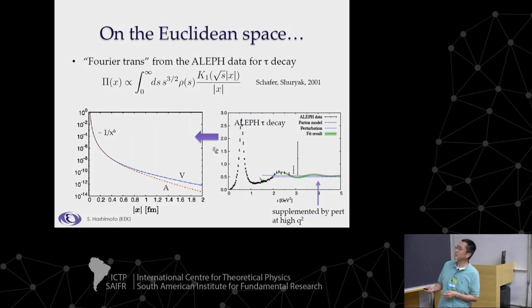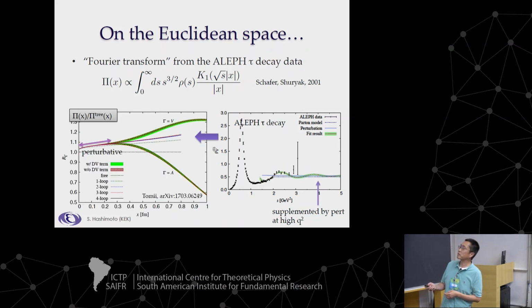Now the same thing is plotted, but x to the 6th power is multiplied, so that at x of 0 it becomes 1. Then this is how it looks. Those are the vector and axial vector that is reconstructed from the experimental data on the right-hand side. And by the way, in order to do this, I need the experimental data up to the energy of infinity that doesn't exist.